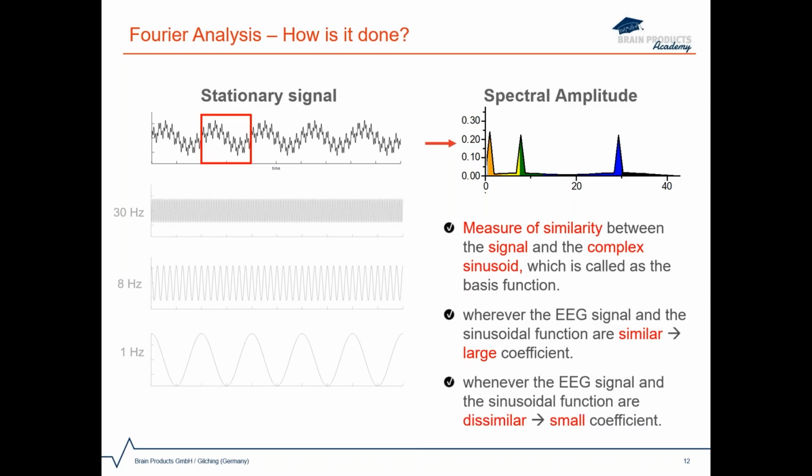And whenever they are dissimilar, they will multiply and sum to a small coefficient. In this specific case, the Fourier transform finds a strong representation of the frequencies 1, 8, and 30 Hz because they make up this simulated data and would show peaks at these frequencies in the resulting power spectrum.